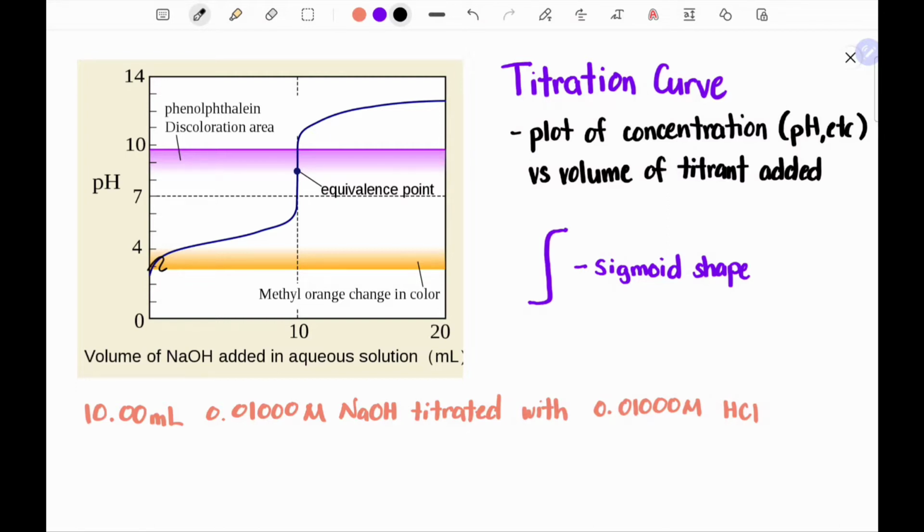If you look at this curve, there are four distinct regions in terms of pH. At the start of the reaction, the pH is acidic, so you can imagine that this is an acid being titrated with a base. The more base is added, the higher the pH becomes.